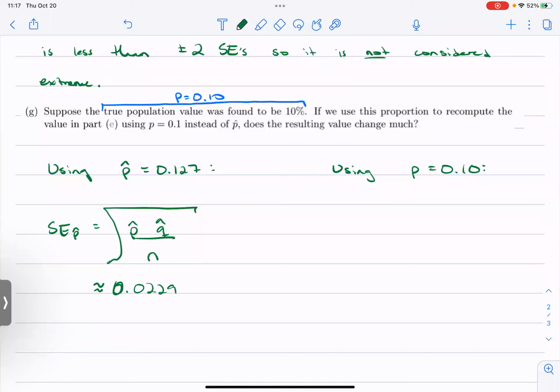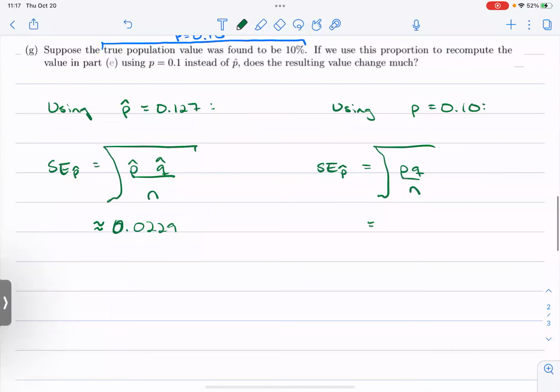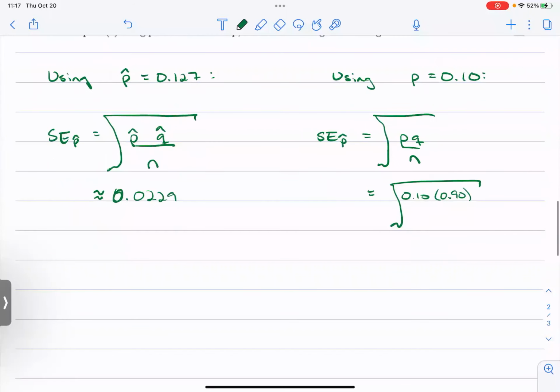What if we use the standard error of P hat as the square root of pq over n? This one we'll have to calculate. 0.1 times 0.9. Isn't it nice when the math comes easy? N is still 212.